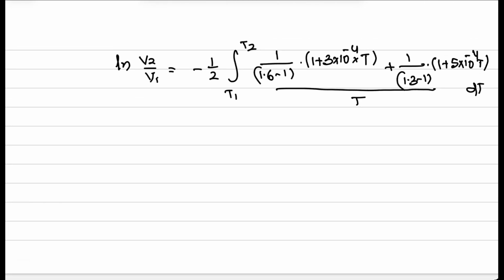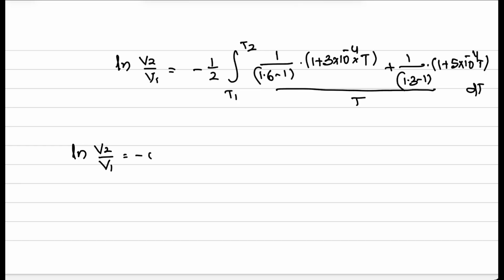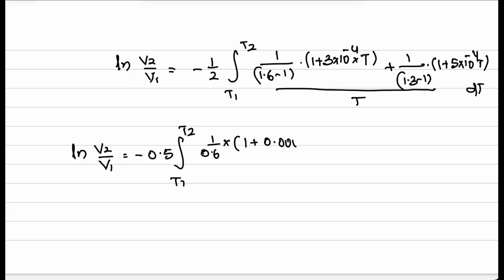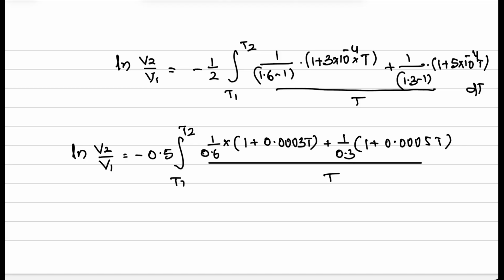Now, we get the equation, simplify it: ln V2 by V1 is minus 0.5 into integral T1 to T2, 1 by 0.6 into 1 plus 3 into 10 to the power of minus 4, means 0.0003 T, plus 1 by 0.3 into 1 plus 0.0005 T, whole divided by T dT.